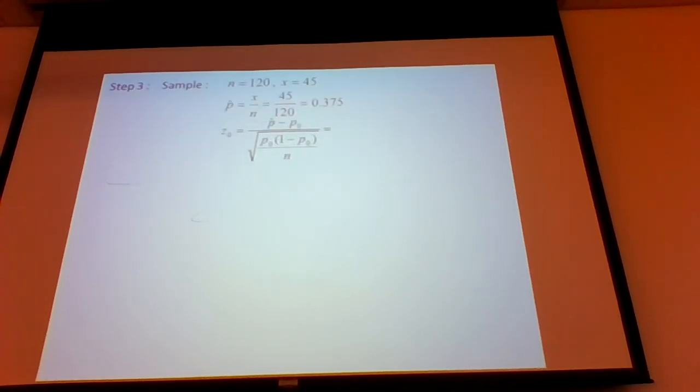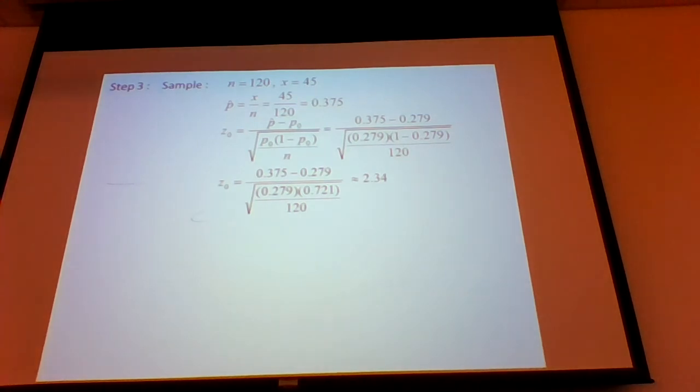Now, you have to find p hat and you have to find z. And your value is what, 2.34? Does that make sense? That's just a calculation. That's the test statistic. That is not the level of significance z value. Do you see the difference? This is the test statistic. This is not the level of significance z value. You see the difference?